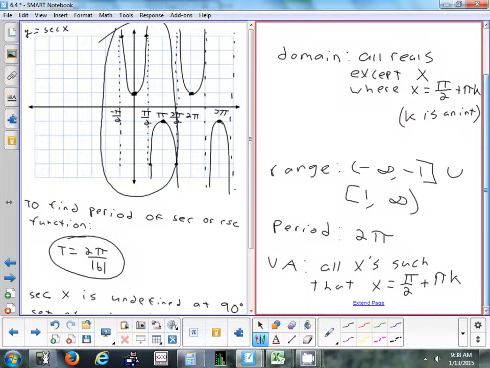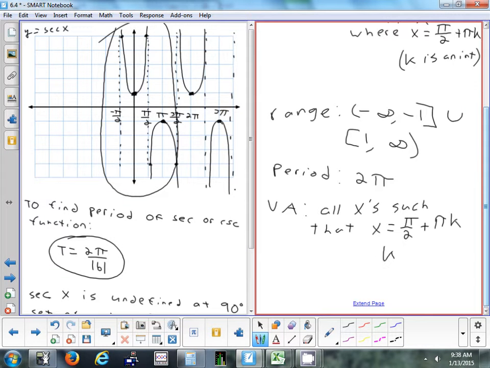You can add 1 pi, 2 pi, 12 pi, 77 pi. Every time you add pi to pi over 2, you're going to get another asymptote. Okay, so that's your graph of secant.